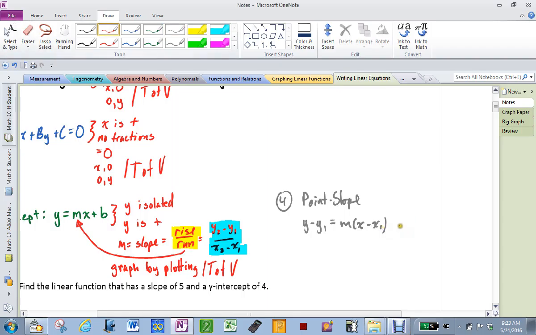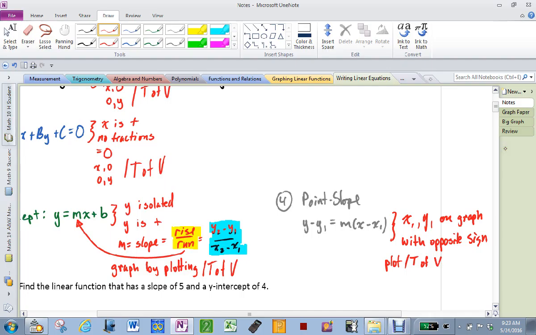And what do we have to remember about that guy? x1 and y1 on graph with opposite signs. And how would we graph it? Again, plot or T of V. Is everybody cool with all four?